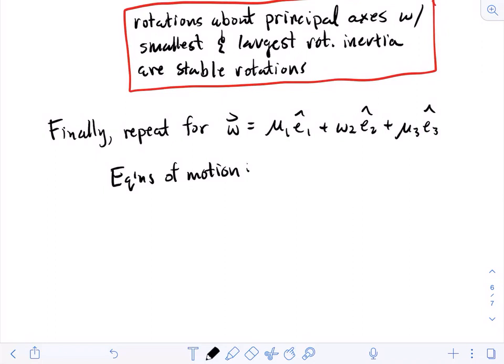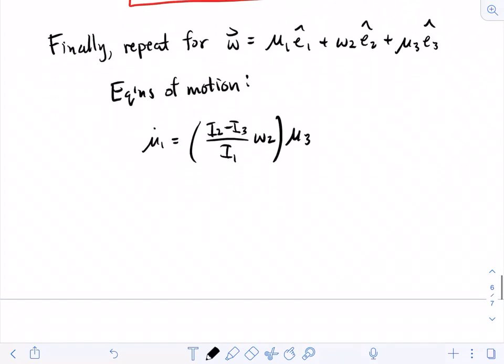We're doing the free rotation case, and we would get mu1 dot is equal to I2 minus I3 divided by I1 omega 2 mu3.